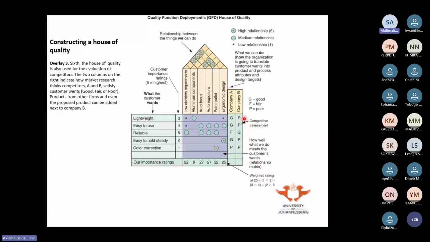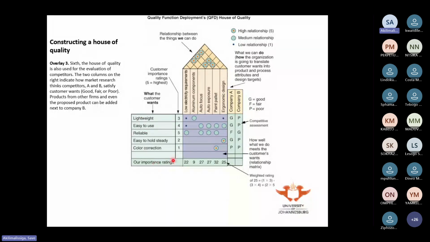In this case also, you can put your product here so that you can also do a competitive analysis, right? And see how these companies and your products are able to satisfy this customer's requirement.